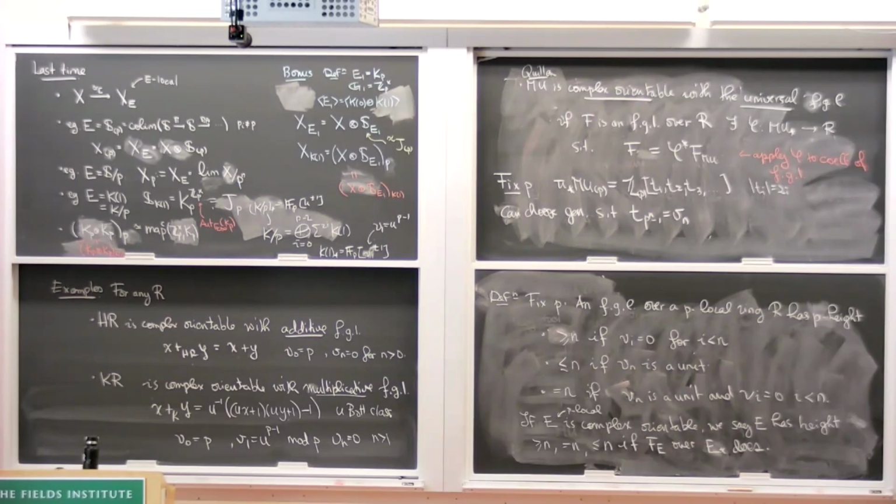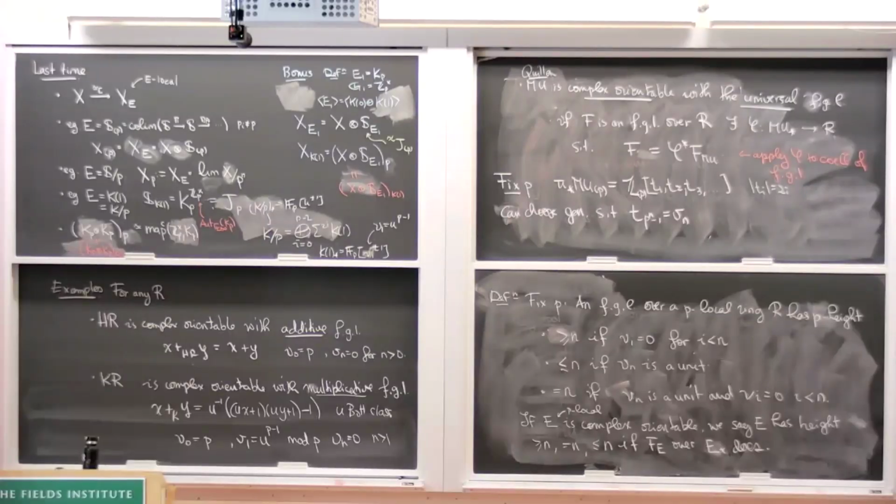So what are we going to do? We take MU, localize at p, and kill all the t_k such that k is not equal to p to the n minus 1. So only t of p to the n minus 1, which is v_n, is left, and then we invert that one that's left.